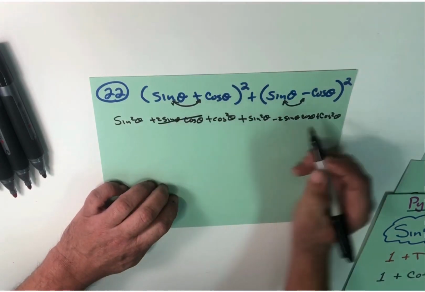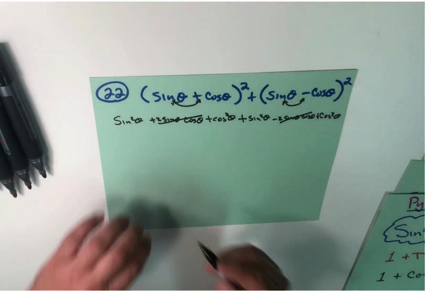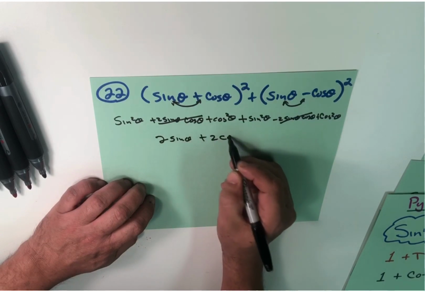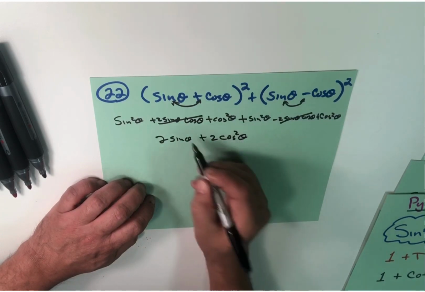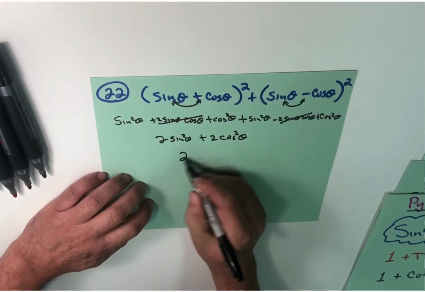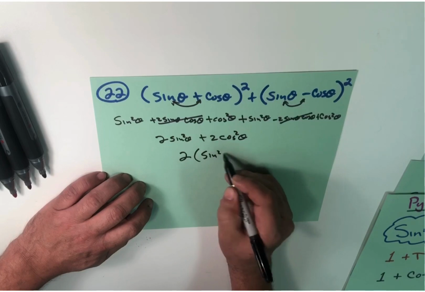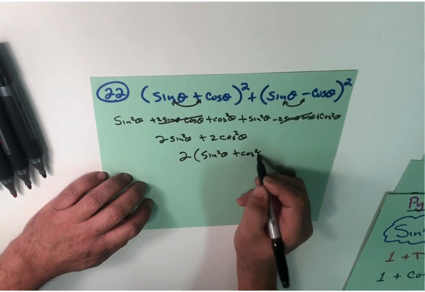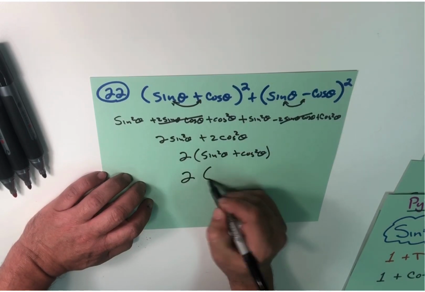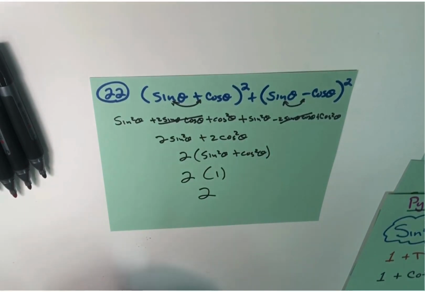Well, the whole middle terms cancel out, leaving you 2 sine squared theta plus 2 cosine squared theta. What can you factor out? A 2. Sine squared theta plus cosine squared theta. When you factor out the greatest common factor, that'll leave you 2 times 1, which is of course 2.